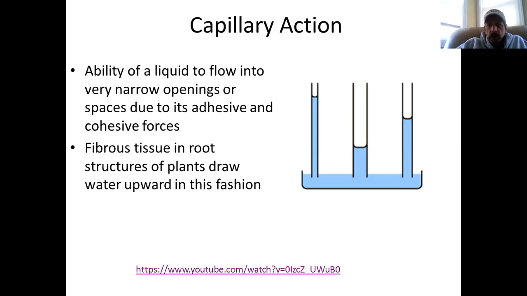And what that allows is the fluid to be drawn up into that narrow opening, sometimes called a tube. And the more narrow that opening is, the further upward it gets drawn because there's a tighter grab onto the surface of the narrow opening than if it were a wider opening.